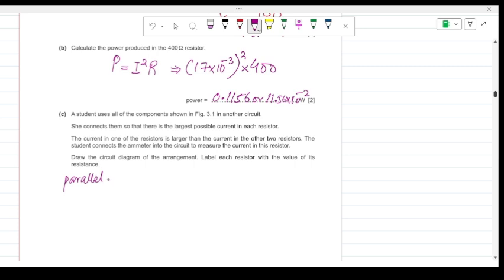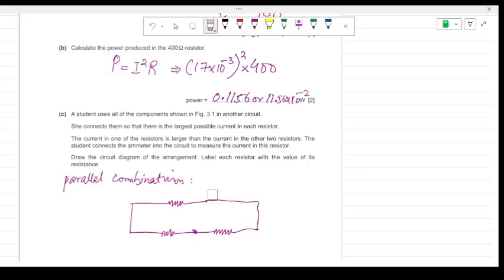So we can draw our circuit in the parallel combination. We have one resistor and two resistors downward, and this is the formation of the circuit. We have to apply the ammeter as well, so we can apply the ammeter here.